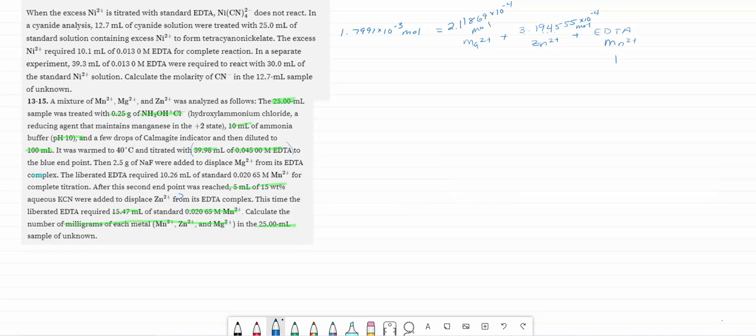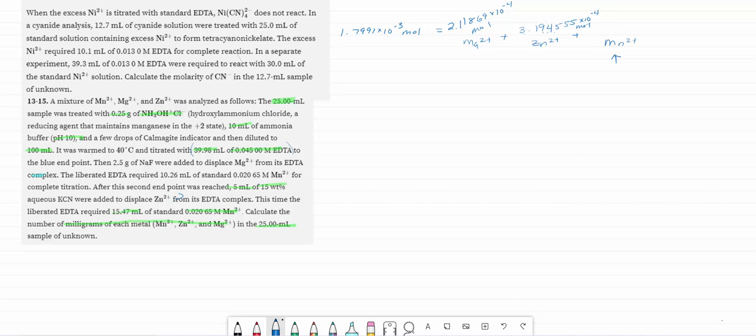So how many moles of EDTA reacted with the manganese then? Well, I start with my total, 1.7991 times 10 to the negative 3. And then I'm going to just subtract 2.11869 times 10 to the negative 4, and also subtract 3.194555 times 10 to the negative 4.